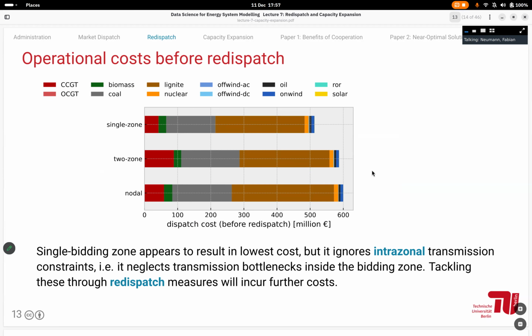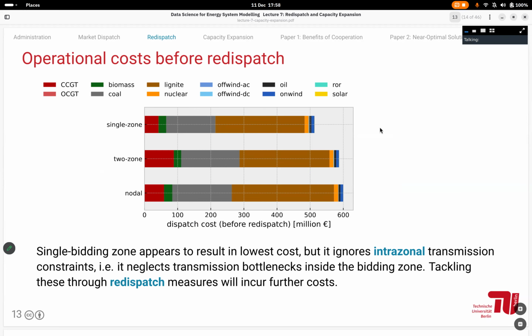There are some hidden costs, because only the nodal is really technically feasible. The other two might have transmission bottlenecks that we have to resolve retroactively after the market clears, and that also comes with a cost. Redispatching some power plants and curtailing some renewables comes at a cost, so you actually have some extra component of costs that might turn the system around.